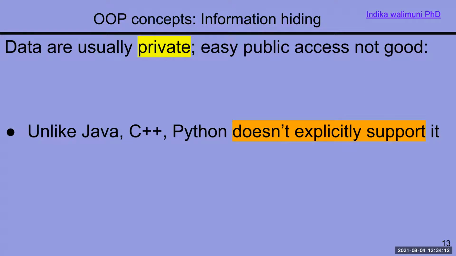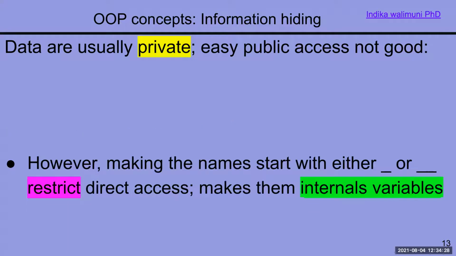If you already know Java or C++, there are the keywords private, public, and protected, which handle data privacy. Python doesn't have specific keywords like those, but there's a workaround. If you use names that start with one underscore or two underscores, which we call internals, as we have seen already, they have restricted access.